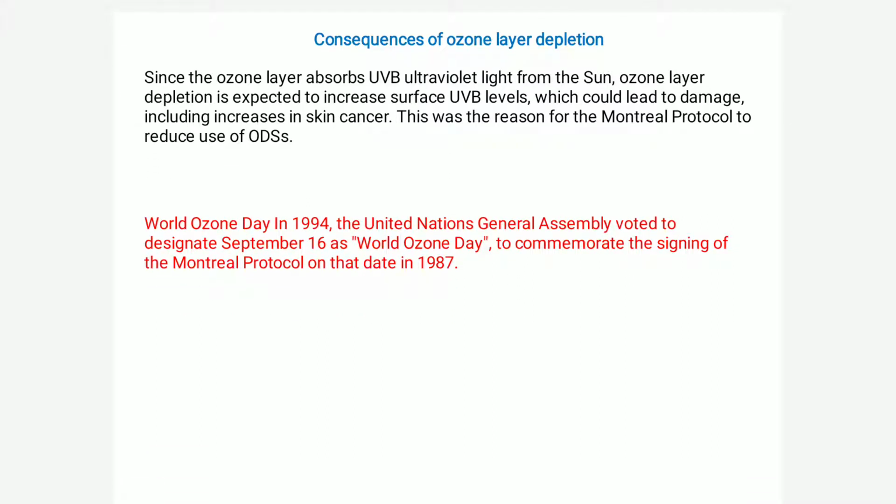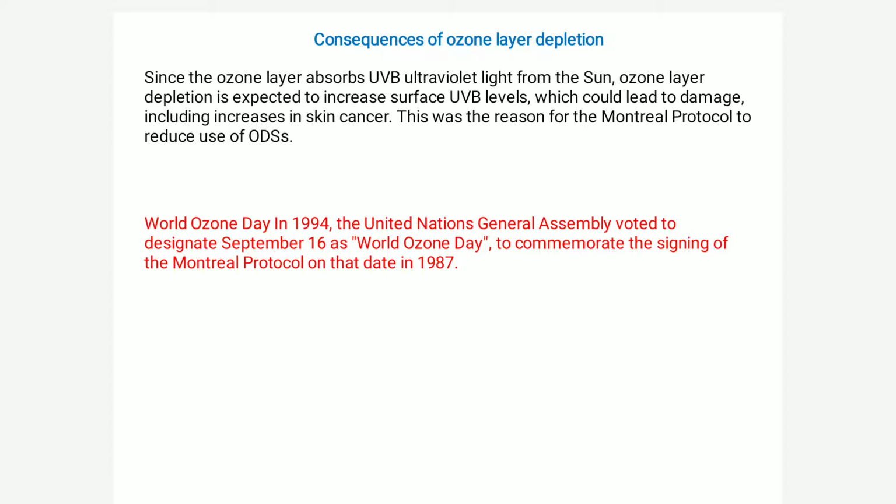As we have seen, with ultraviolet B rays reaching the earth, there is an increase in the probability of cancer, mainly skin cancer. In 1994, the United Nations General Assembly voted to designate September 16th as World Ozone Day to commemorate the signing of the Montreal Protocol on that day in 1987, which deals with reduced use of ozone depleting substances.